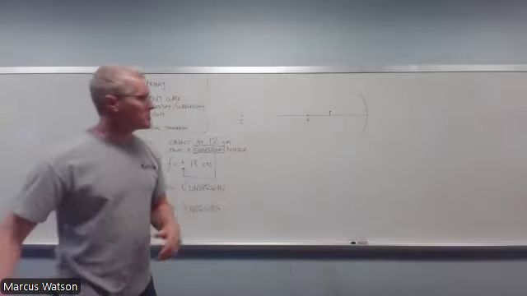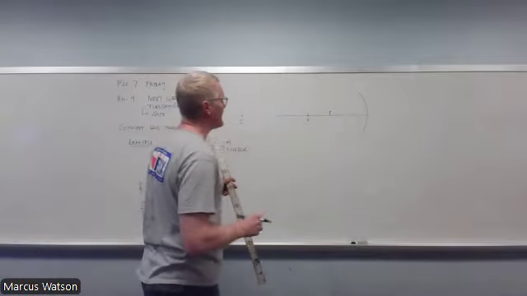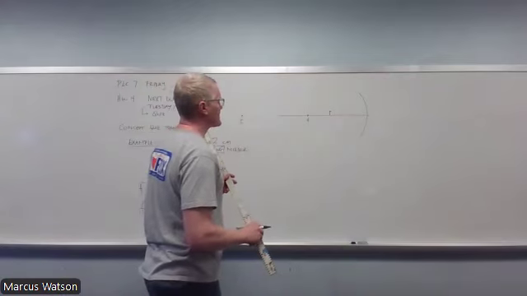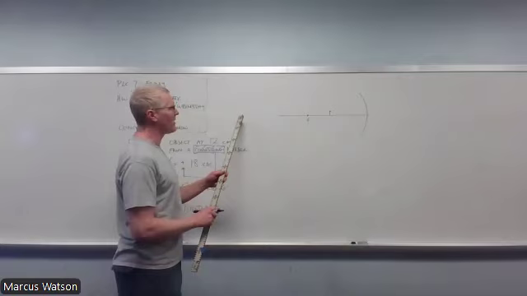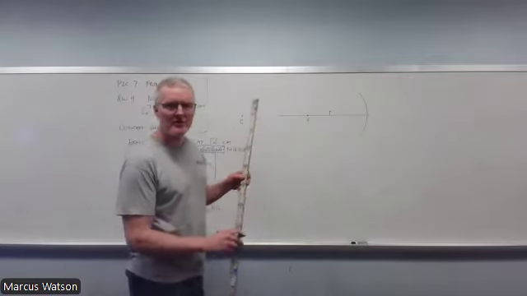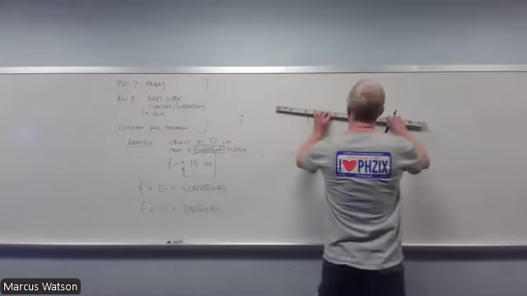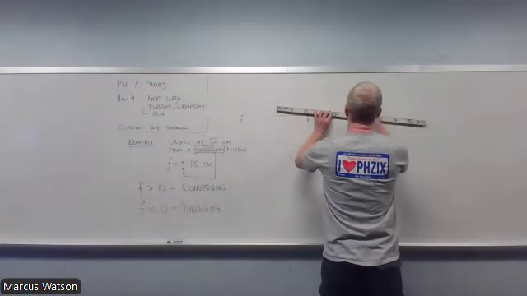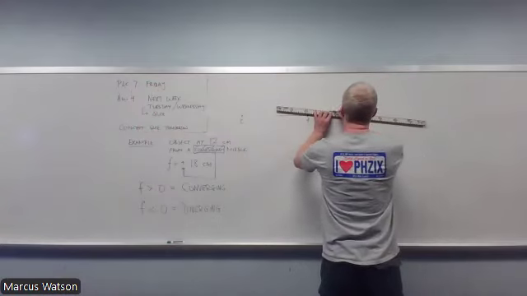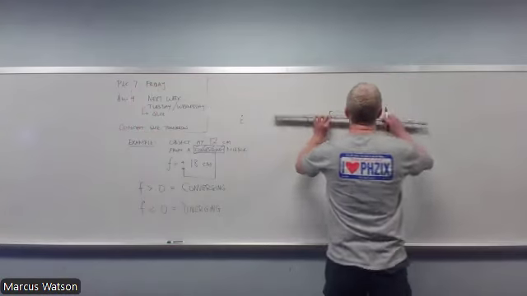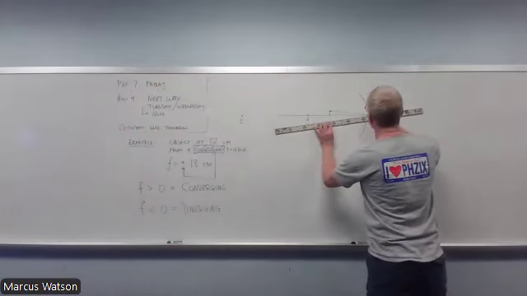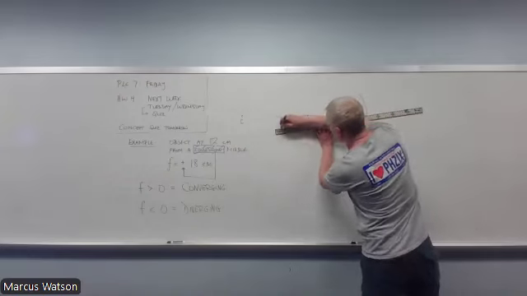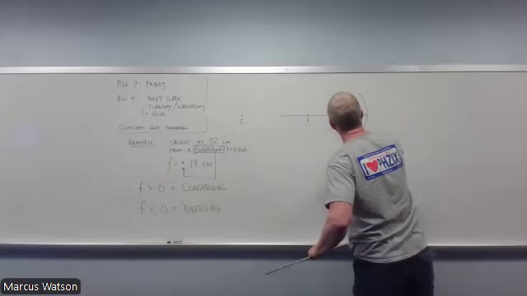Let's see if I can go ahead and draw these out. I'm going to start with the center point, which is pretty far away. I'm going to start with the vertex ray. So we're going to go here to here, like that.